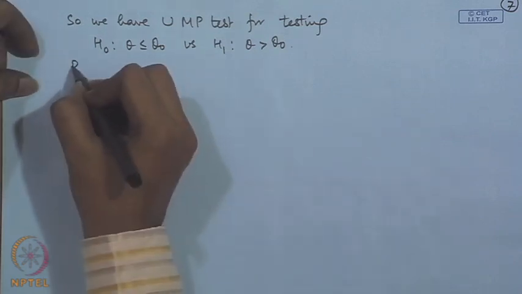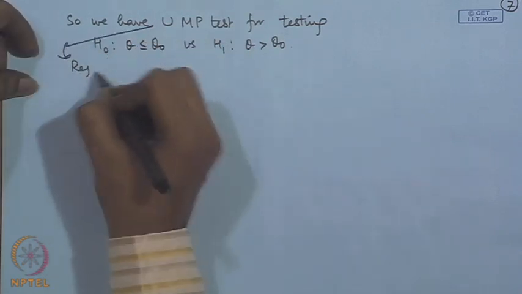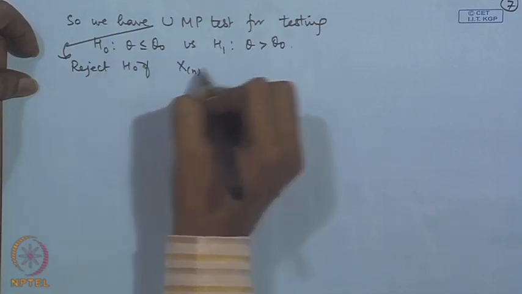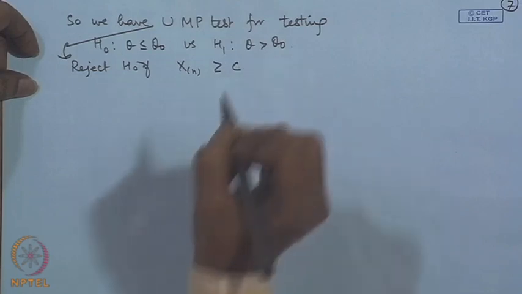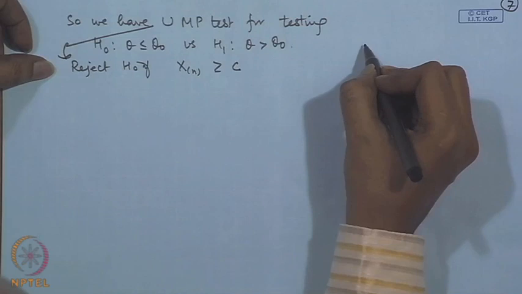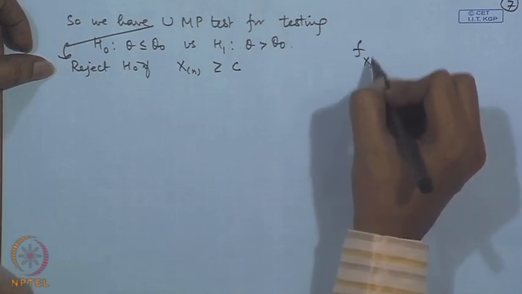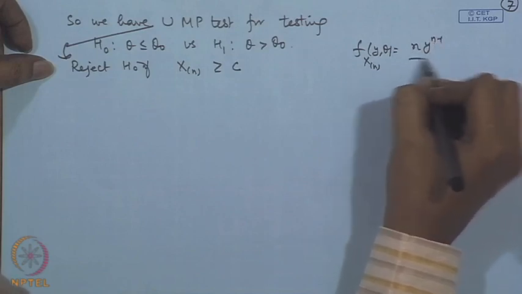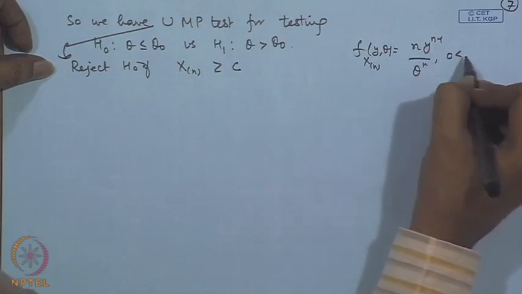So, this UMP test will be reject h naught if x n is greater than or equal to some constant c. This x n is having a continuous distribution. The density function of this will be n y to the power n minus 1 by theta to the power n.